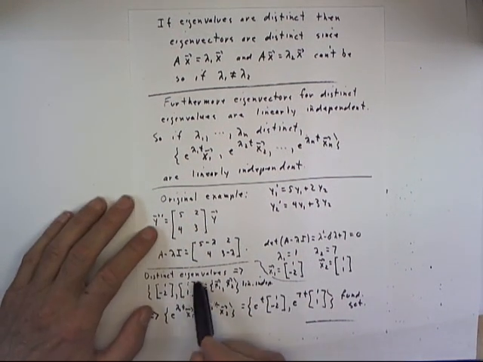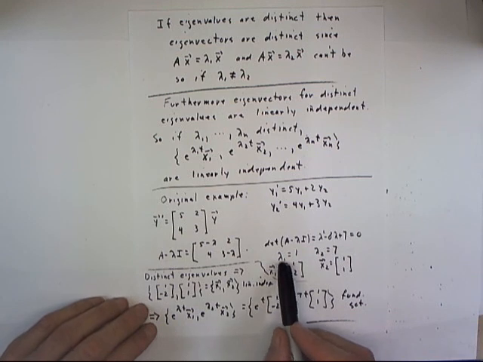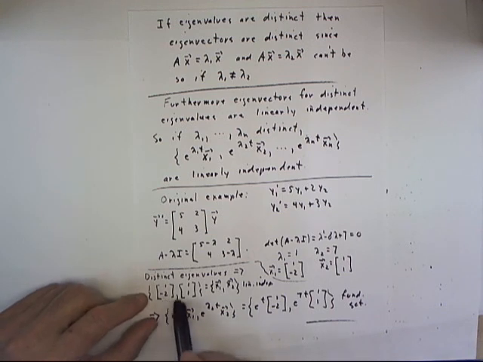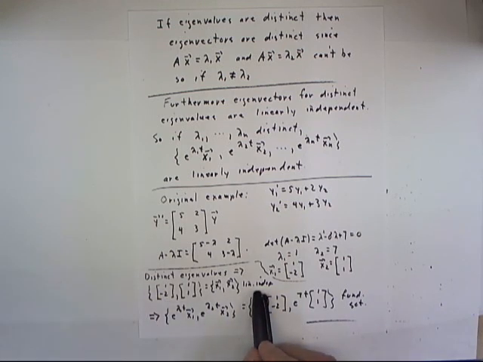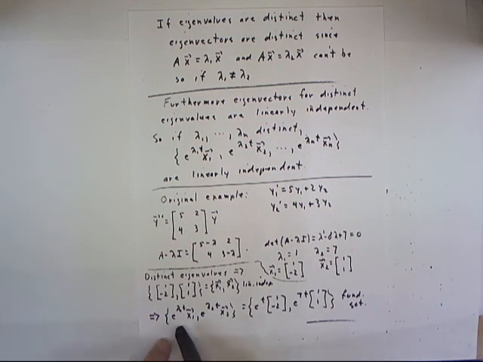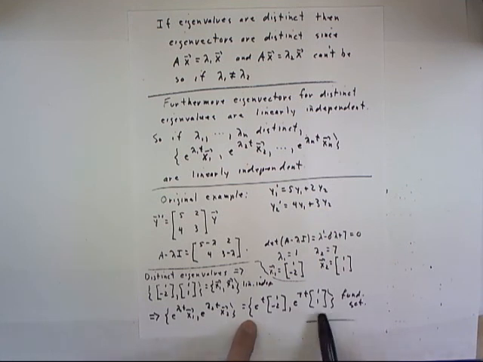The fact that our eigenvalues were distinct, lambda 1 equals 1 and lambda 2 equals 7, implies that this set of vectors, our x1, x2, is linearly independent, which then implies that the solution set we get by pairing up our eigenvalues with our eigenvectors is a fundamental set. And in the case of our original example, and we've seen this set a couple of times already, this does form a fundamental set with all the implications thereof.